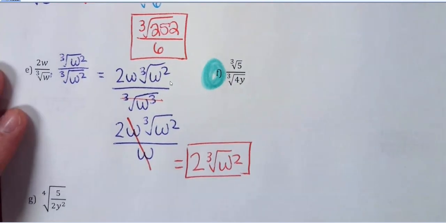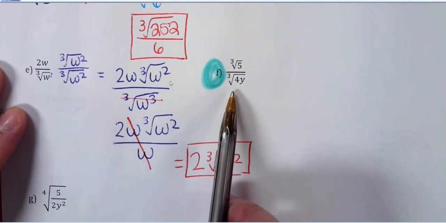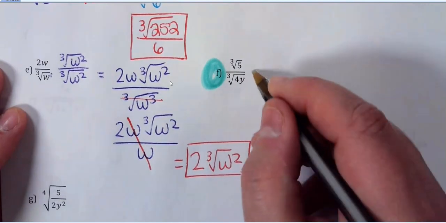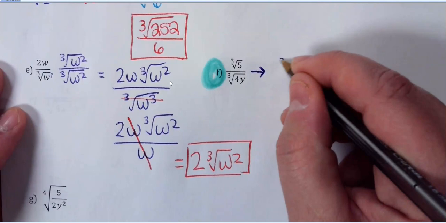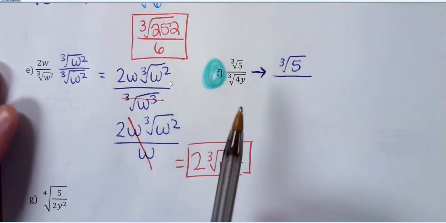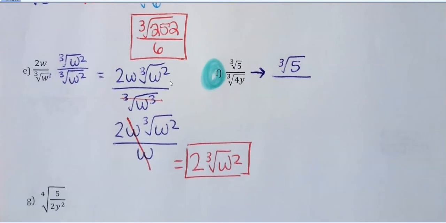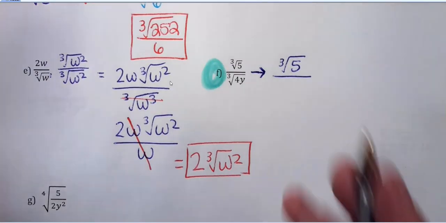If you have a number under your cube root that you could write as something to a power, I would really highly encourage you to do that just to save some time simplifying. So, could anybody think of a way to write 4 as something to a power? 2 to the second.